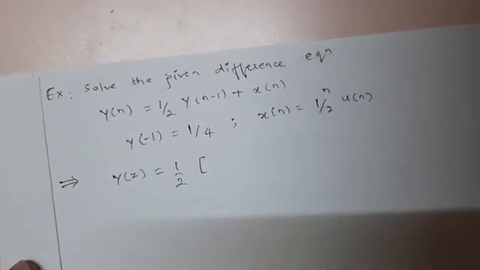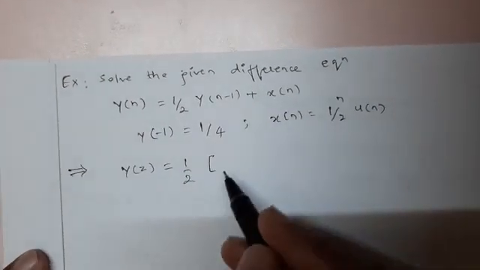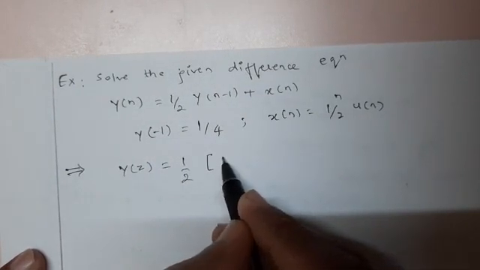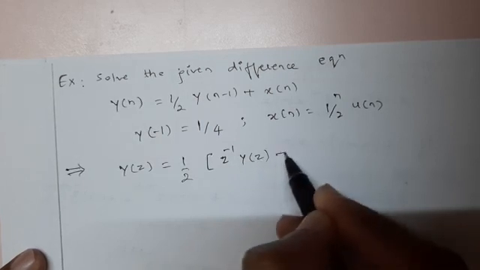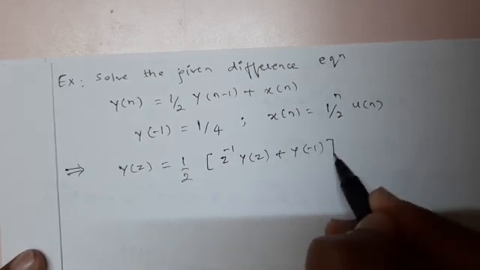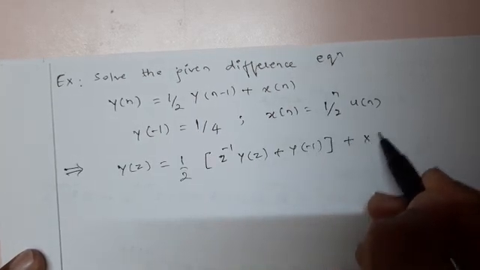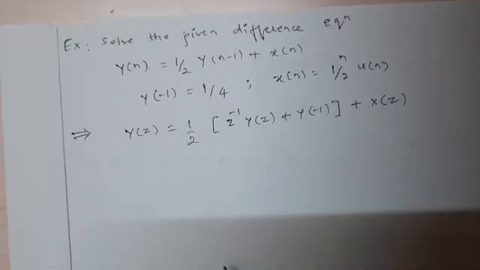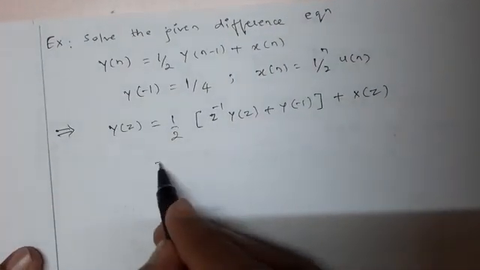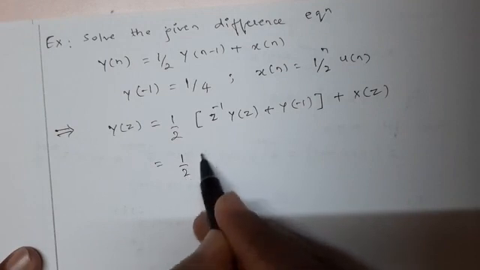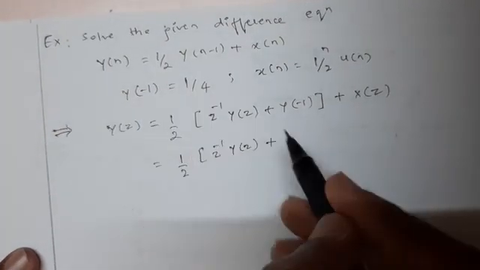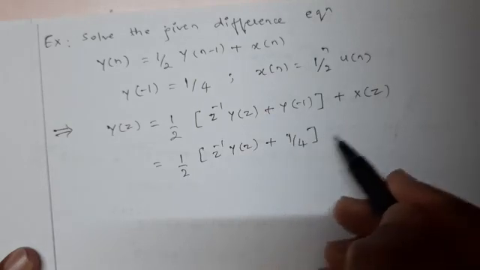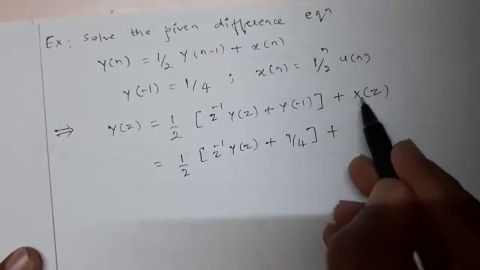Using that property, y of n minus 1 is z inverse y of z plus y of minus 1, plus x of z, which is equal to half z inverse y of z, where y of minus 1 given is 1 by 4, plus x of z.